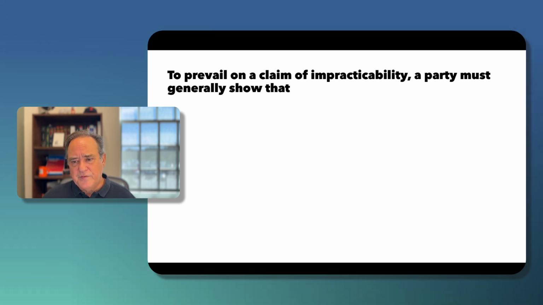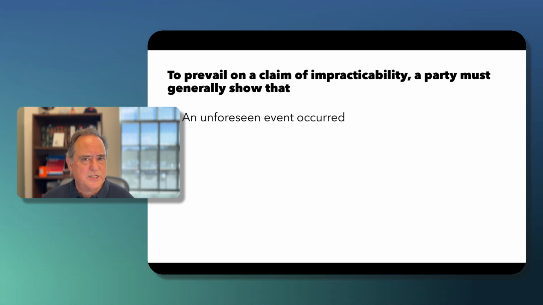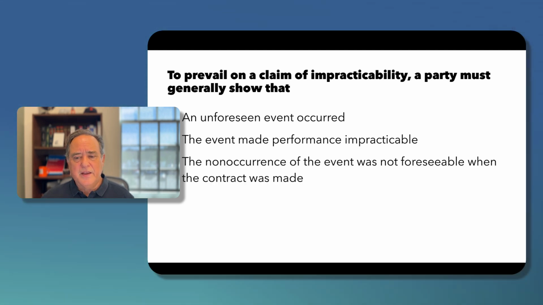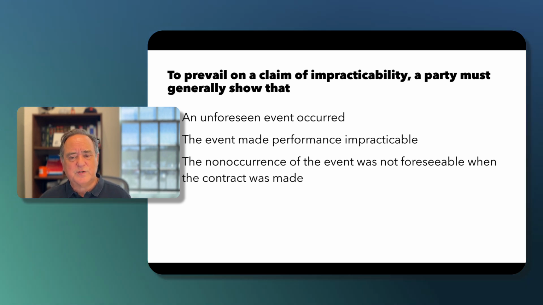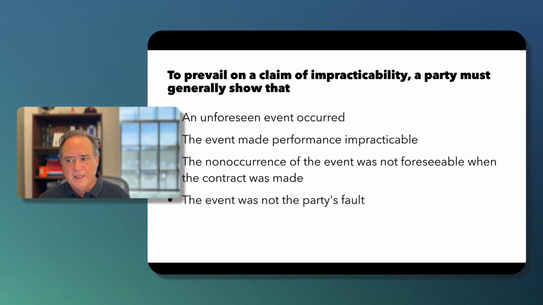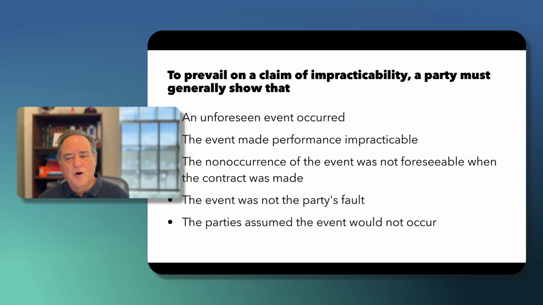So to prevail on a claim of impracticability, a party must generally show that an unforeseen event occurred, something happened, the event made performance impracticable, the non-occurrence of the event was not foreseeable when the contract was made, meaning they could not foresee this type of event occurring, the event was not the party's fault, and the parties were acting under the assumption that the event would not occur.